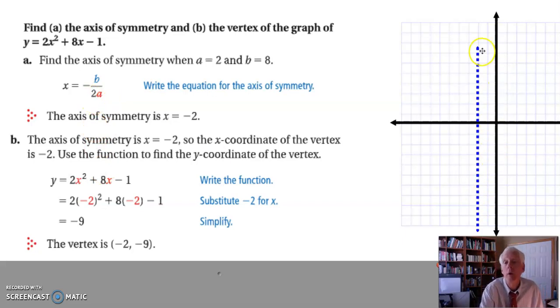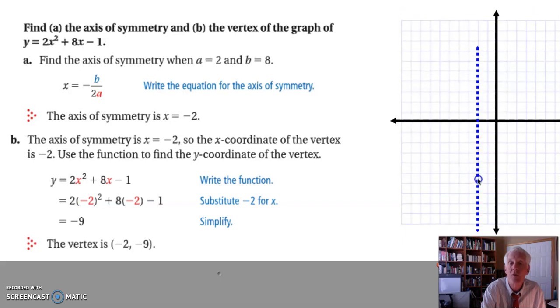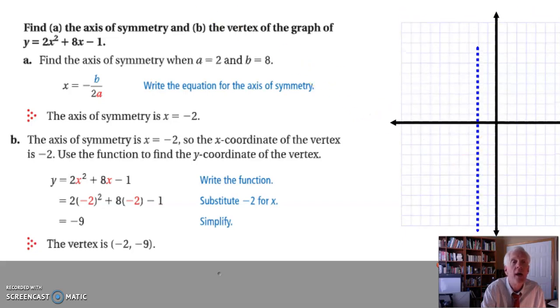Here is our axis of symmetry, and all the way down here is the vertex. That's how we find the vertex, the point. Since the graph opens upward, it is the minimum value.